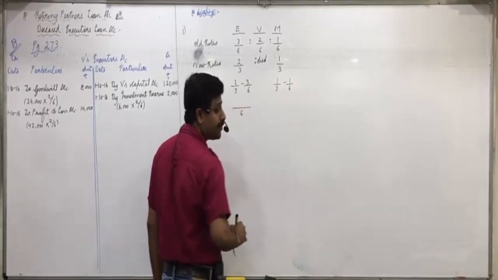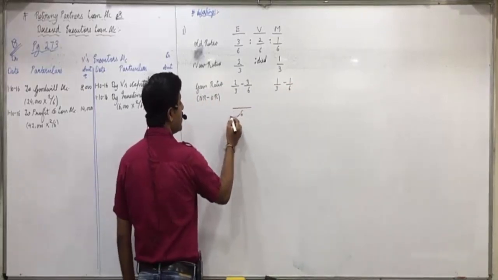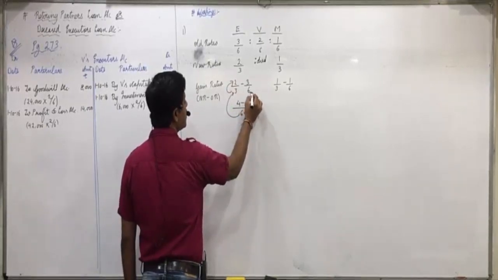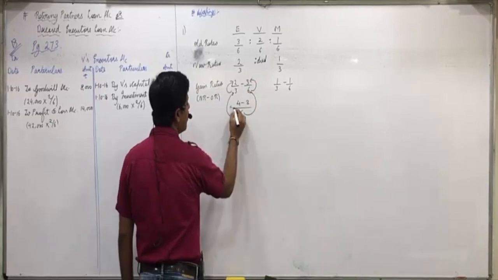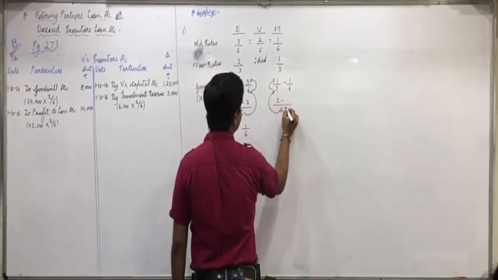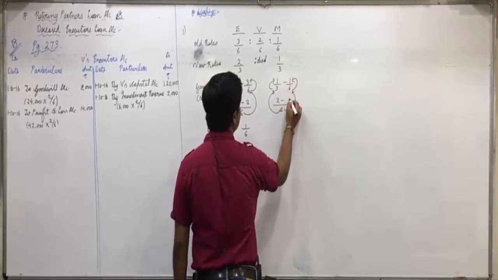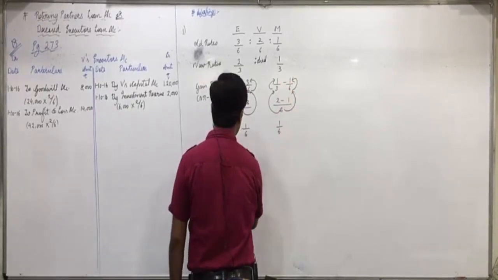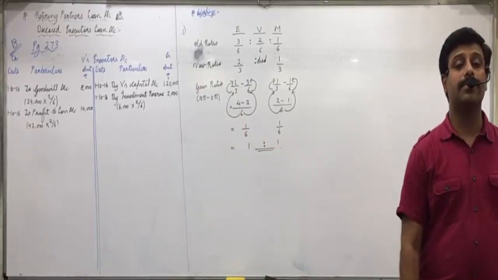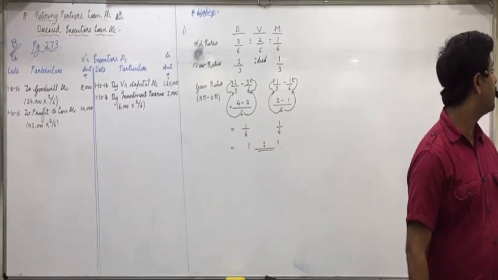LCM is 6. 6 divided by 3, 2 into 2, 4, minus 3, is 1 by 6. 6 divided by 3, 2 into 1, 2, minus 1, is 1 by 6. So the gain ratio is 1 is to 1. Any confusions? All are clear with that?